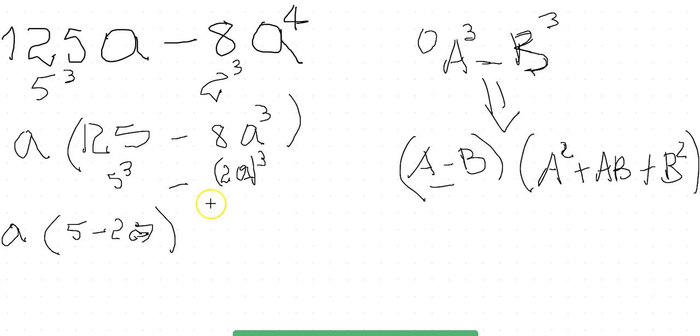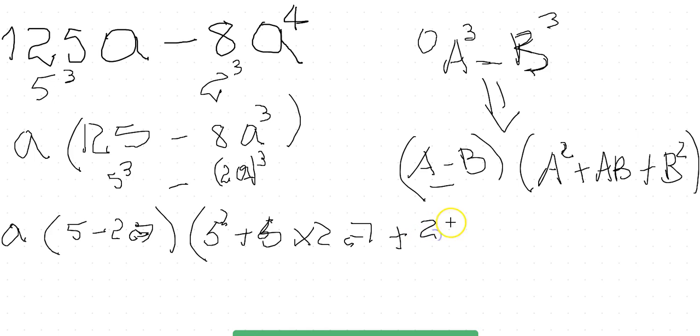Factor a squared, which means it's going to be 5 squared plus ab, which is 5 times 2a, right? 5 times 2a. And then plus b squared, which means it's going to be 2a squared.